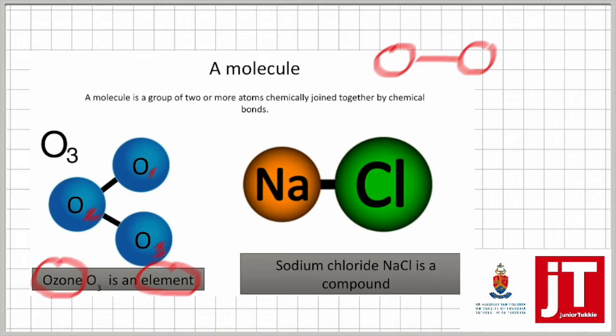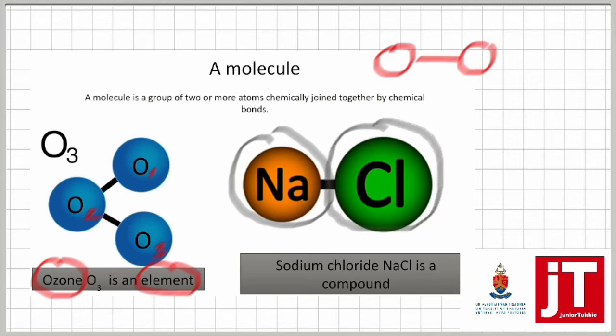But that's not the only way in which molecules are formed. It is possible for different atoms to bond together. For instance, here we have sodium bonded on to chlorine to form a new substance called sodium chloride.